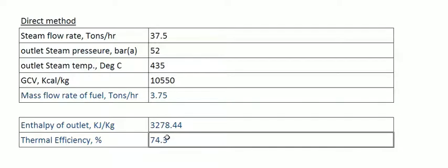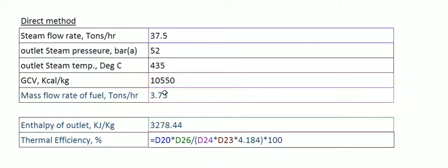Output is mass flow of steam into enthalpy of the steam, divided by mass flow of the fuel into calorific value of the fuel. 4.184 converts kilocalorie to kilojoule, because steam is in kilojoule per kg. Calorific value is also in kilojoule per kg, so it will get tallied. Multiply by 100, and we'll get the efficiency of the boiler.